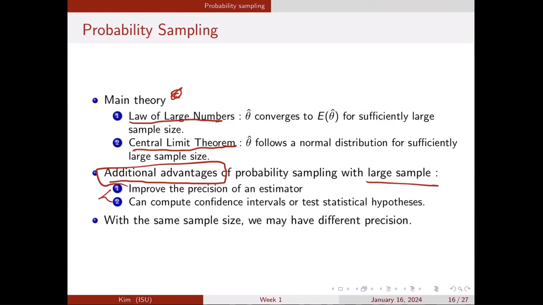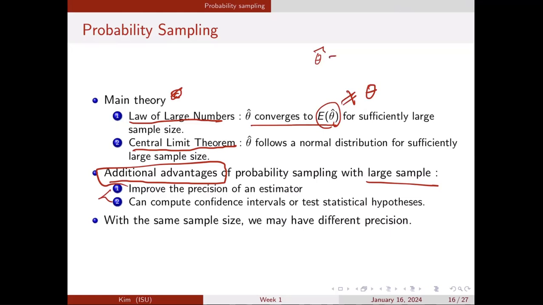In fact, for non-probability samples, law of large numbers doesn't hold. So that is the big problem. Well, actually, let me back up. This one may be okay even for non-probability sampling. The problem is that this is not necessarily equal to zeta, right? For non-probability sampling, bias exists.